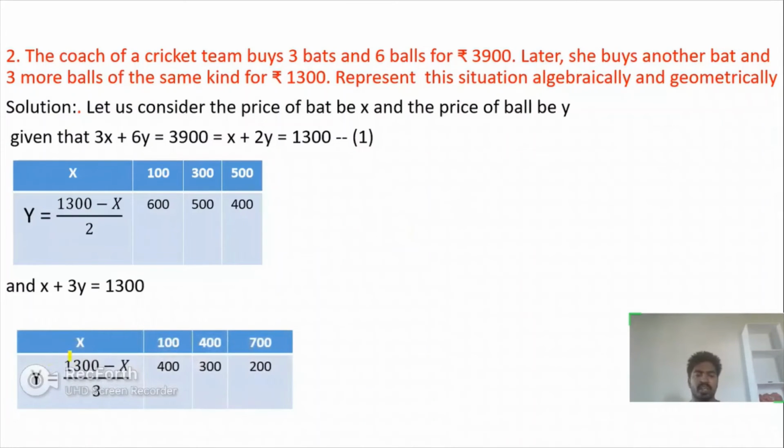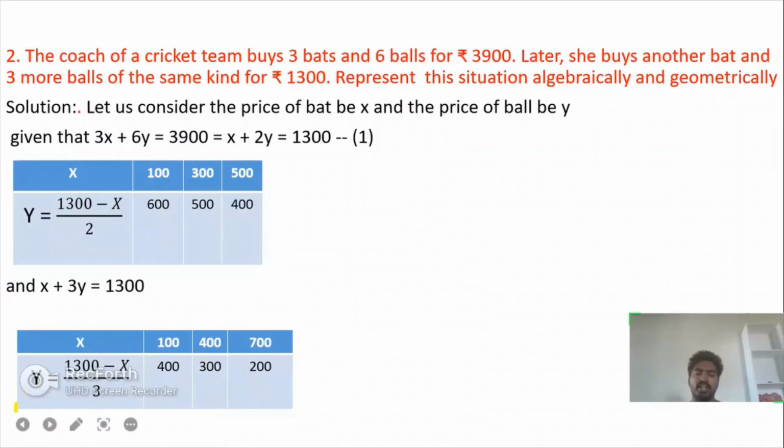Okay, in the table, if I take x equal to 100 and substitute in the equation y equals (1300 minus x) by 3, this implies 1300 minus 100 divided by 3, that is 1200 divided by 3, which is equal to 400. If I take x equal to 400, y is equal to 1300 minus 400 divided by 3, that is 900 divided by 3, which is equal to 300.